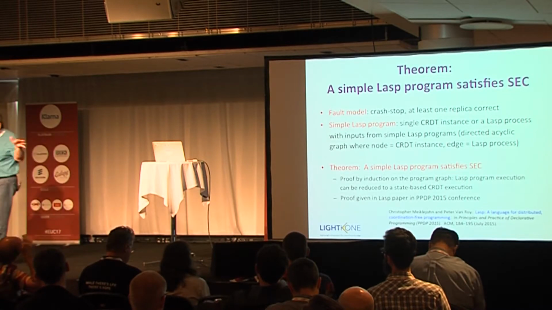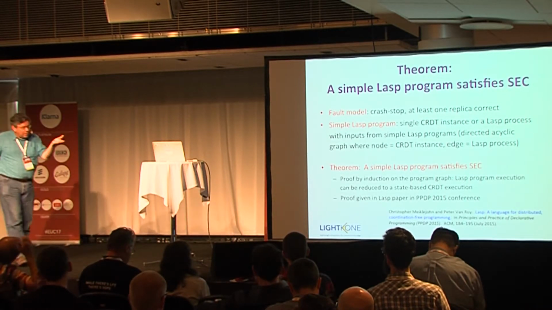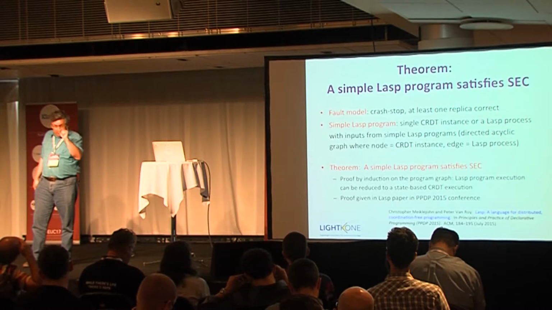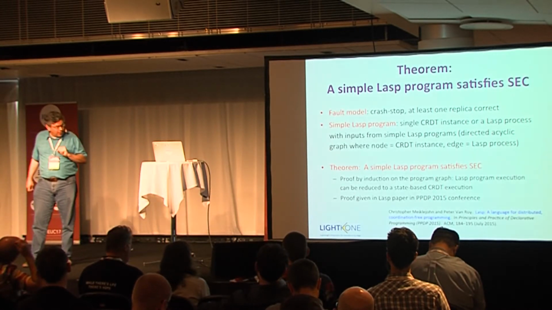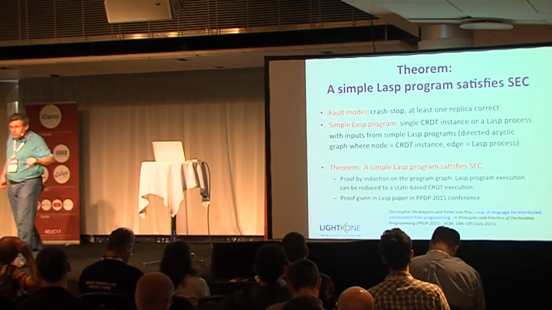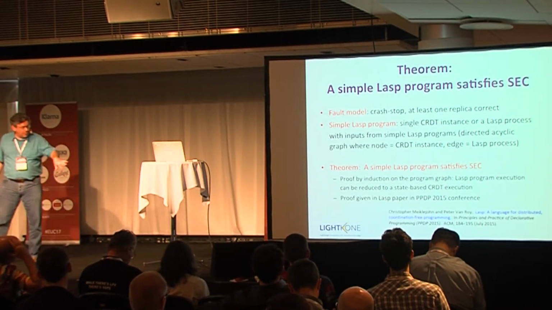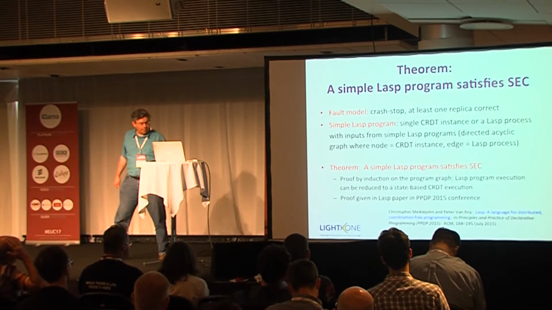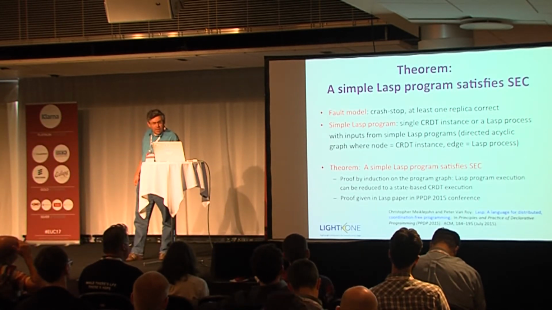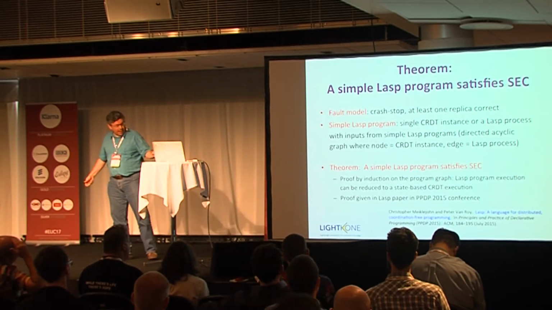So this model, we're generalizing it. But for the simple LASP program, we've proved that it also satisfies convergent consistency, strong eventual consistency property. And there's a paper in a conference called PPDP 2015, where you can see the proof and you can really understand what's going on. Okay, so that's about the LASP programs.